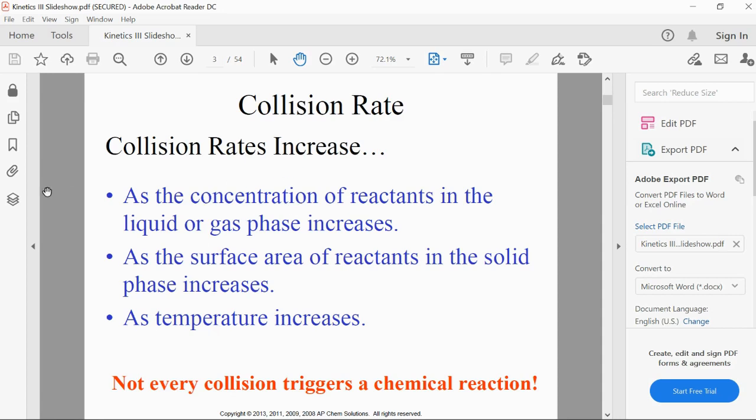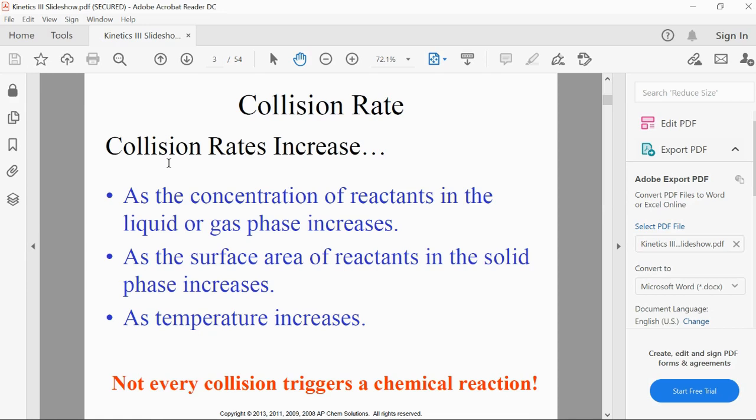That means you're putting more moles of reactants together in a container. And so by doing that, you're increasing the likelihood that they're going to collide. And you're also increasing the likelihood that they're going to collide with proper orientation and with enough energy to overcome activation energy.